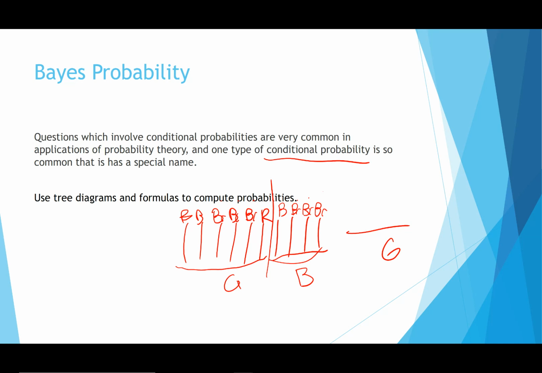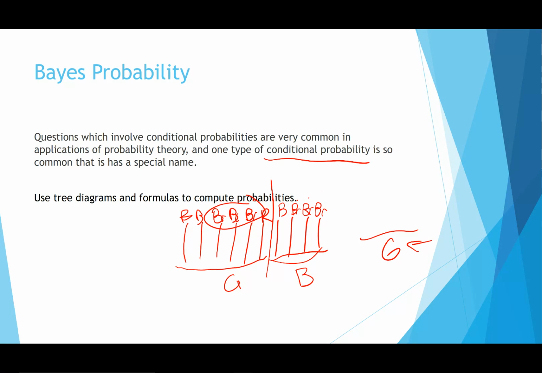How many of those brunettes are girls? 3 of them are girls, right? So the probability that you choose a brunette who is a girl, given the fact that you know they're brunette, is 3 out of 6, or 1/2. So remember, the new 100% value is 6. We're looking at 6 total, and how many of those 6 were girls.